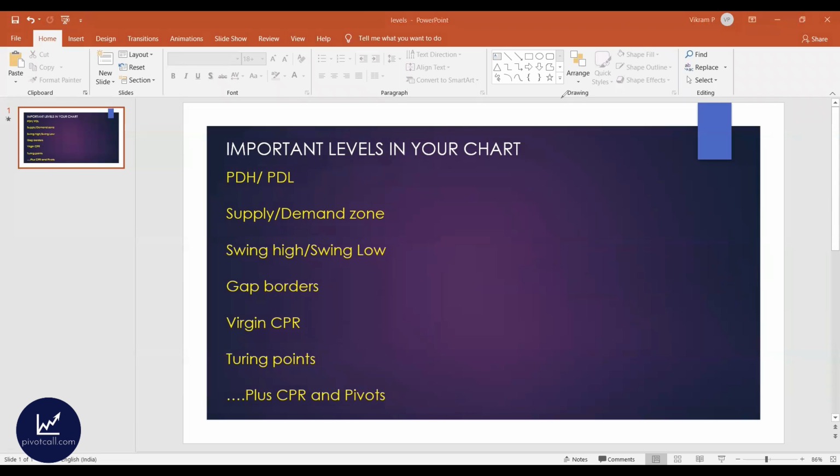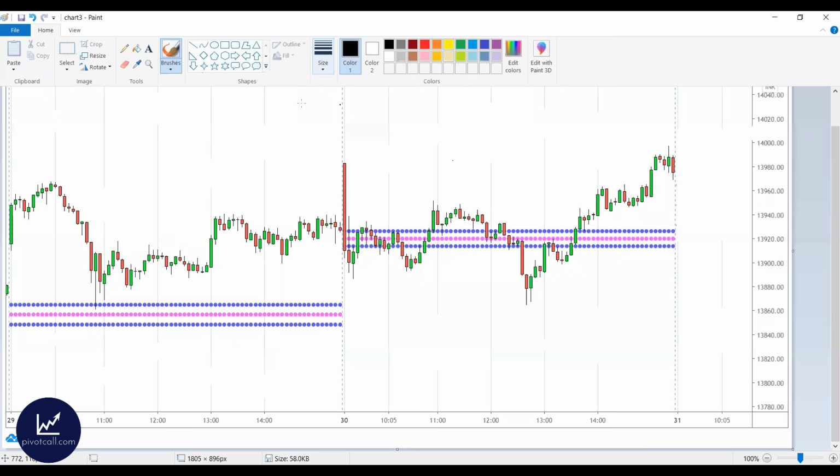Let us go back to the chart. Can you see any big breakout or breakdown? No, right? You can't see any big breakout or breakdown on Nifty on 30th. Though there was a small breakout here, where it broke the day's high, it did not sustain because it reversed.